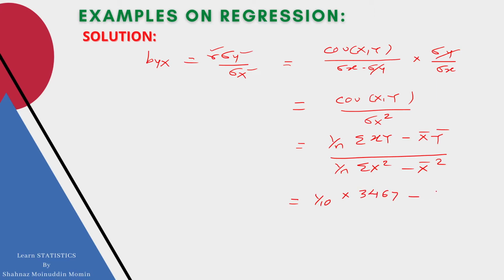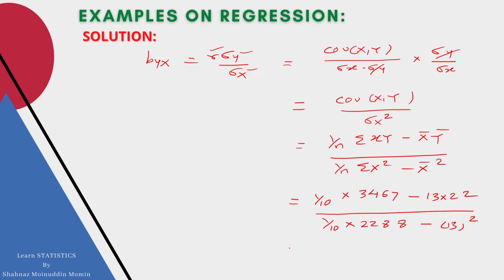minus 1 upon 10 multiplied by 2288 minus 13 square.